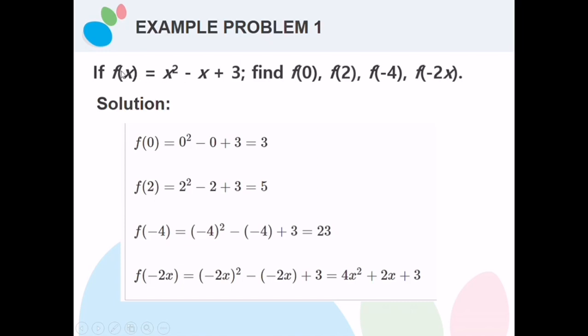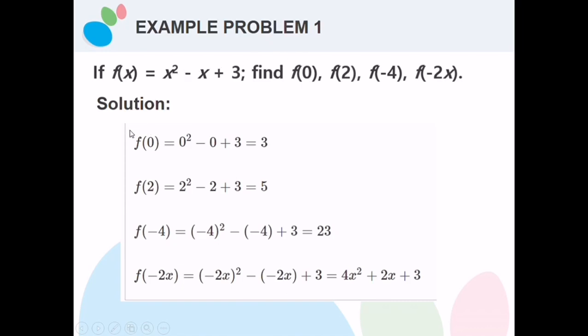So here, f of x or y is equal to x squared minus x plus 3. In order to find f of 0, our x is equal to 0, so we just substitute the 0 to all the x in the given function.